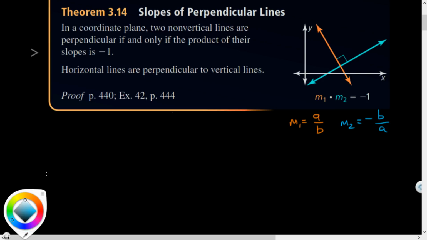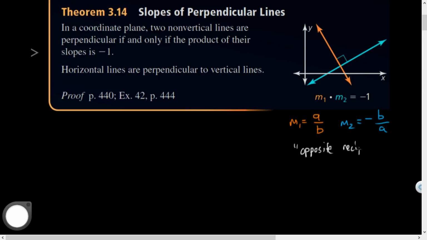And these are referred to as opposite reciprocals, where opposite means change the sign, and reciprocal means flip it.